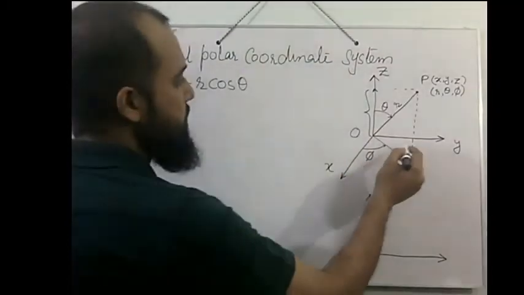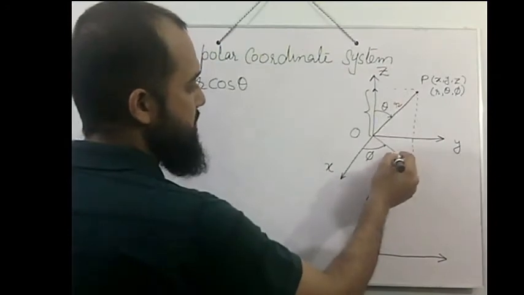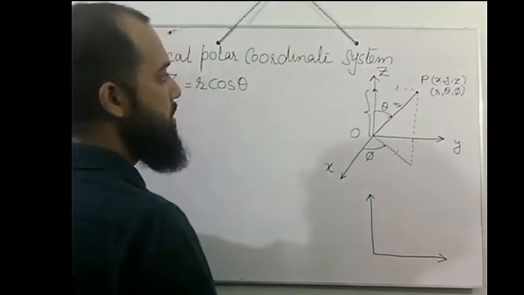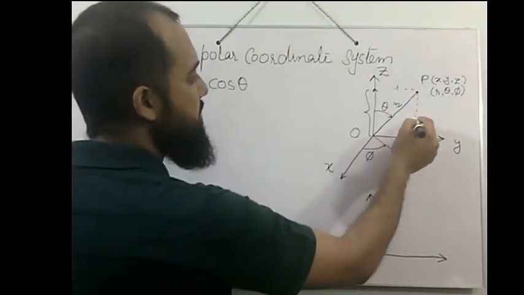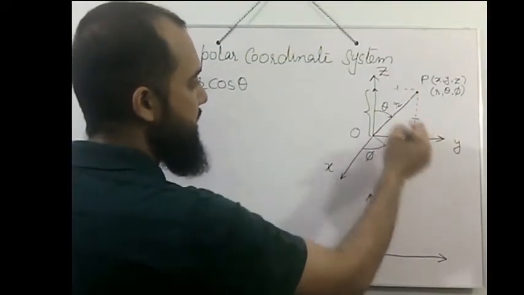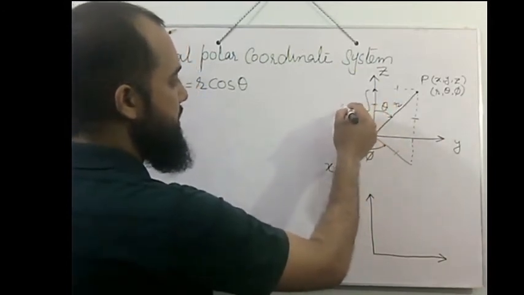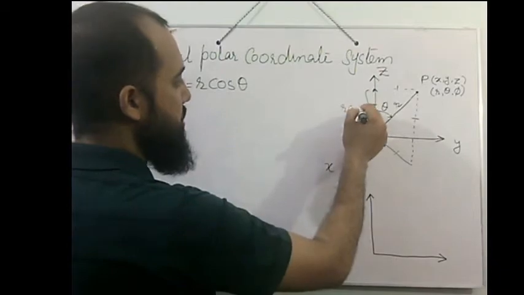Now the length of this joining line is equal to this. We have already seen that this perpendicular is equal to the z coordinate, and this is r cos theta.